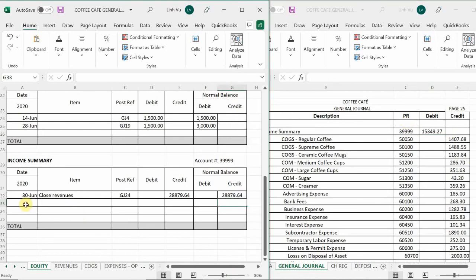So let's go ahead and plug that in, for the 15,349.27. Okay. Leaves us with 13,530.37. And where do we see this number?